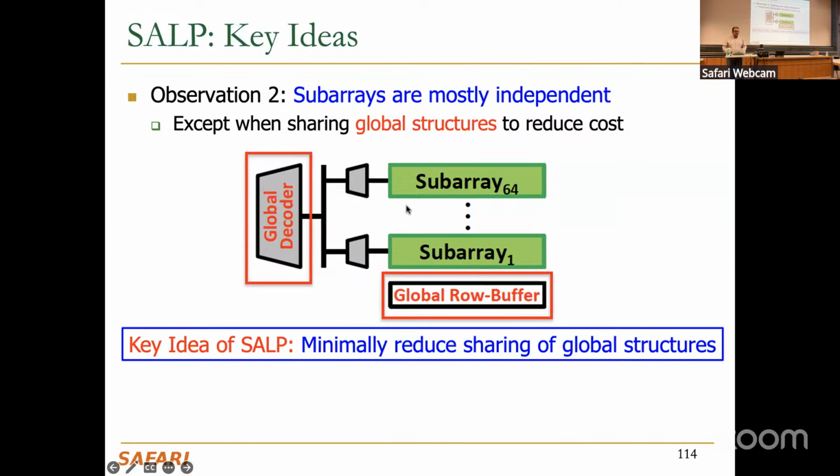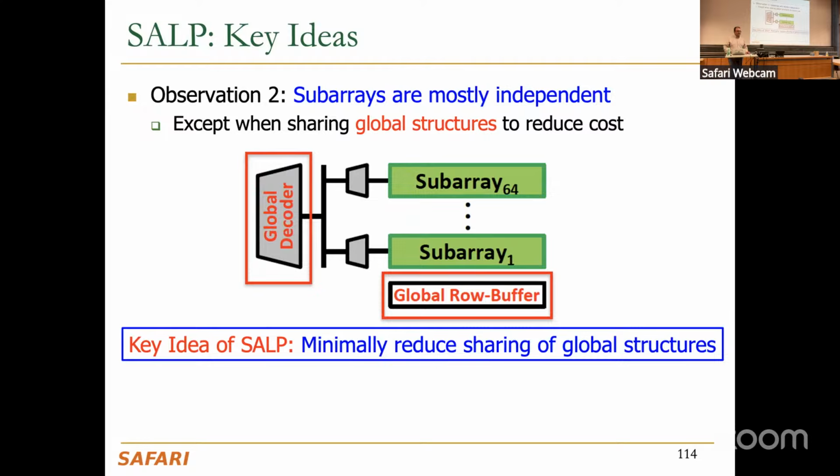We have a local row buffer for each subarray, but this structure, as you remember from this lecture, the bank I/O or global I/O circuitry, is not actually a row buffer. We should not have done that in the SALP paper, I think, but that's how it is.